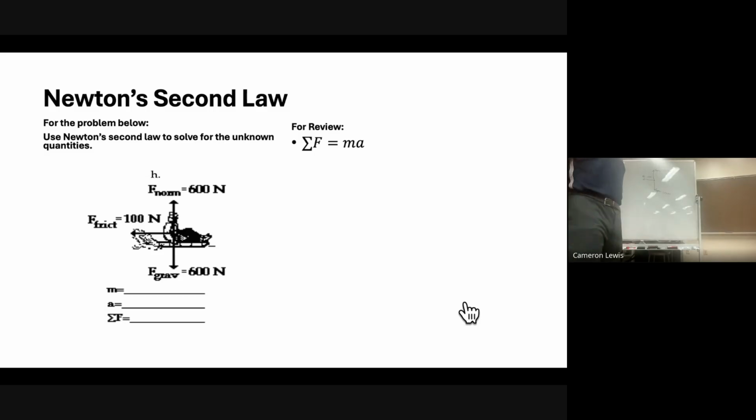And I gave you a little hint, right? I said the sum of the forces is equal to mass times acceleration. Well, let's think. First, if we look at our diagram, and you can look on the slides too, what do we notice about the length of the arrows in the vertical, F norm and F grav? You said that they're the same.